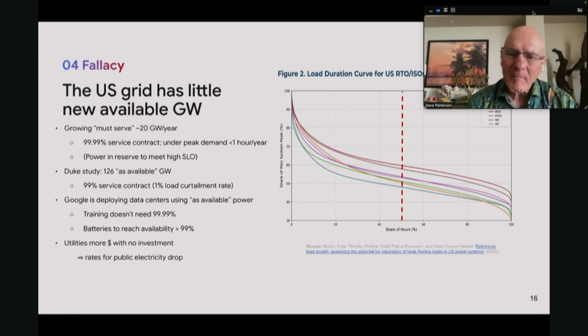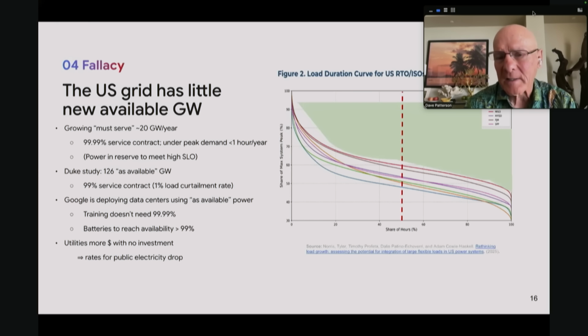And what Dukestein pointed out is, if you have to have 99.99% availability, there's hardly any electricity available like that. But if you were capable of using electricity that had only two nines, that you could be down a couple of days a year, there's a lot more electricity that's available.